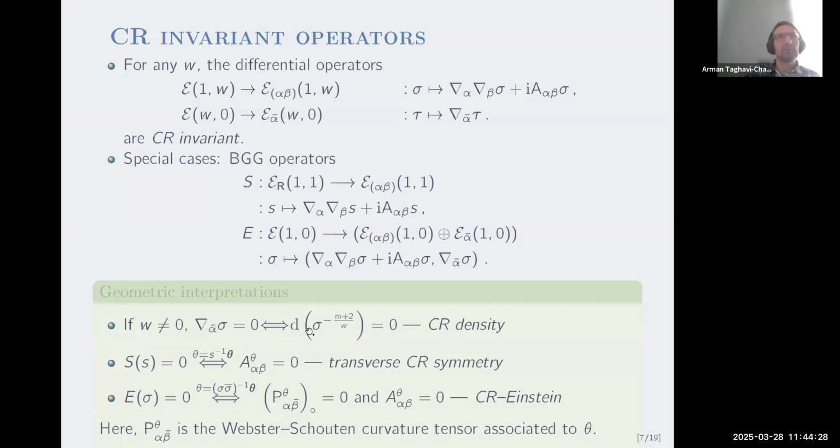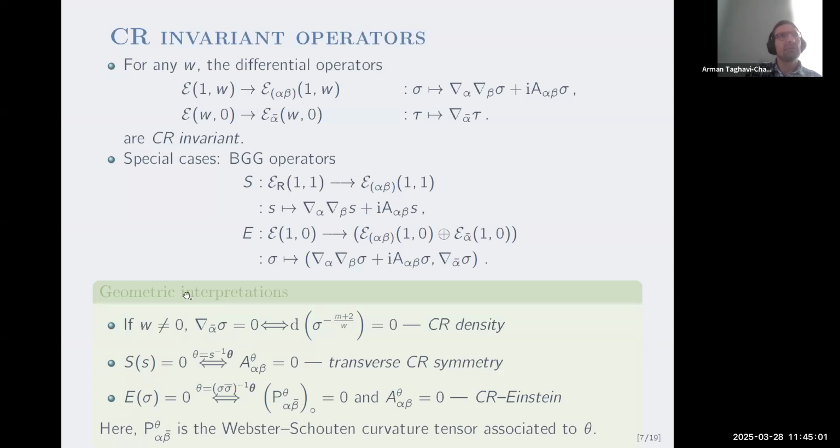For the first one, if I have a density sigma that is annihilated along the H01 directions, then this tells me that I have a closed section of the canonical bundle. The canonical bundle is the top form of the annihilator of H01.